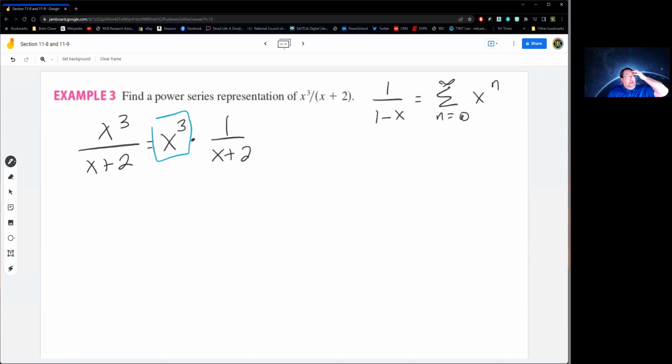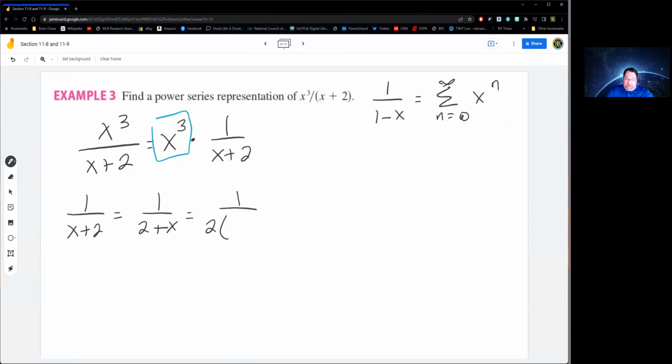So the first thing I'm going to do is I need to get this to be 1 minus x. That's my goal. So if I just look at the 1 over x plus 2, first I'm going to change it to 1 over 2 plus x, because I want the x second. And then I'm going to pull out a 2.